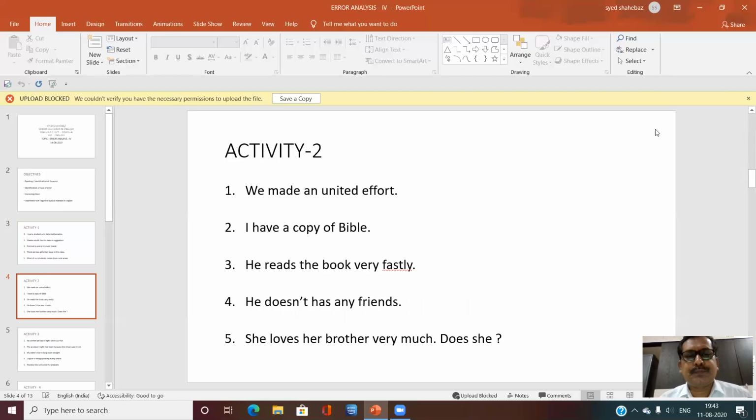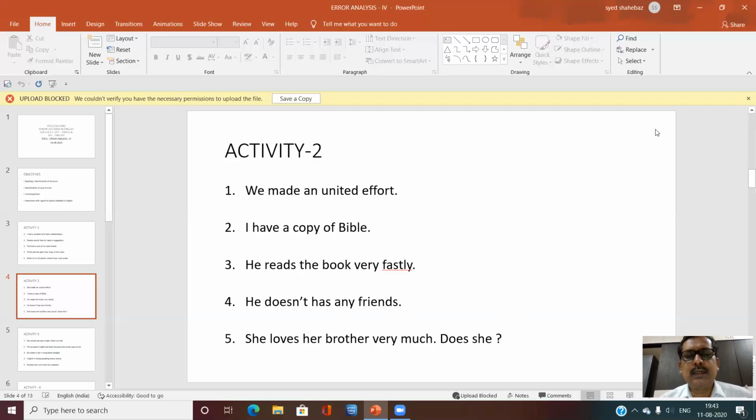Activity 2. We made an united effort. So here the correct sentence is we made a united effort. A united.